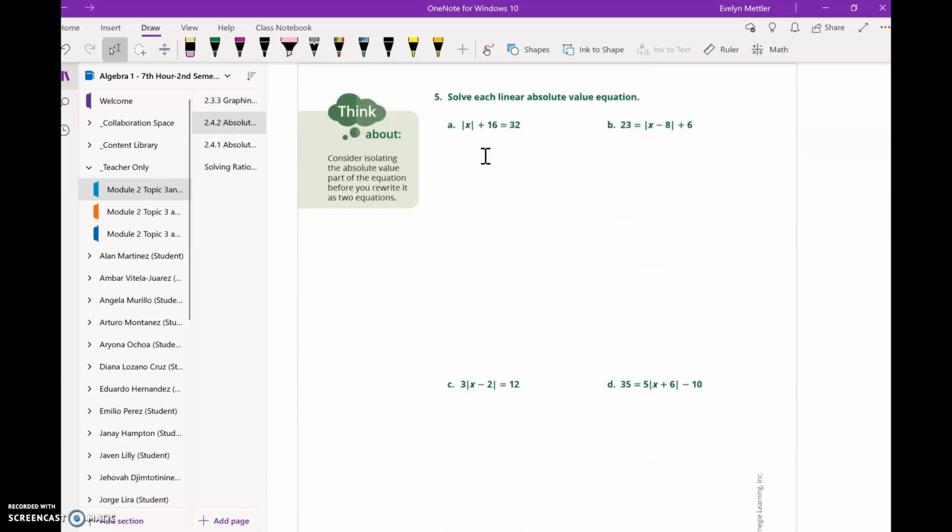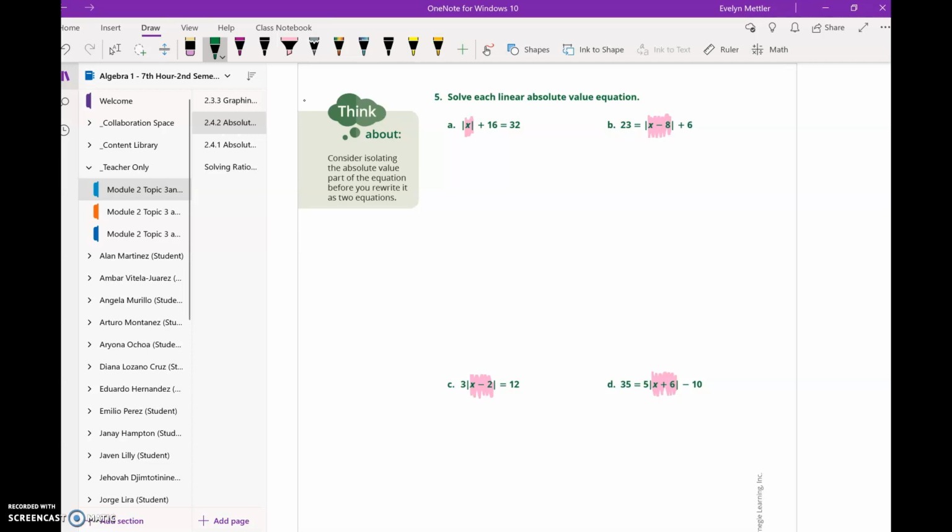Now we could take it a little bit further, all right? And we could put in some more information here. So if you notice, here's where my absolute value statements really are. Okay, so we want to set that absolute value statement equal to a positive and a negative.